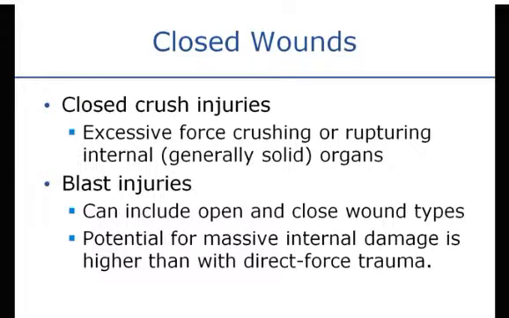You've got the primary injury, which is the result of the pressure wave. That will cause blunt trauma to both your solid and hollow organs, affecting mostly your air-filled organs like your abdomen, your eardrums, even your head, your lungs.